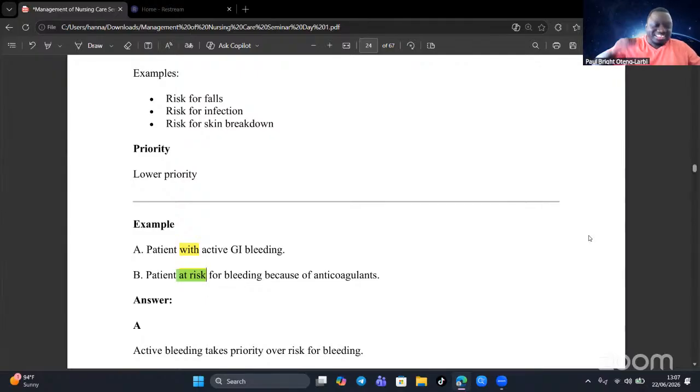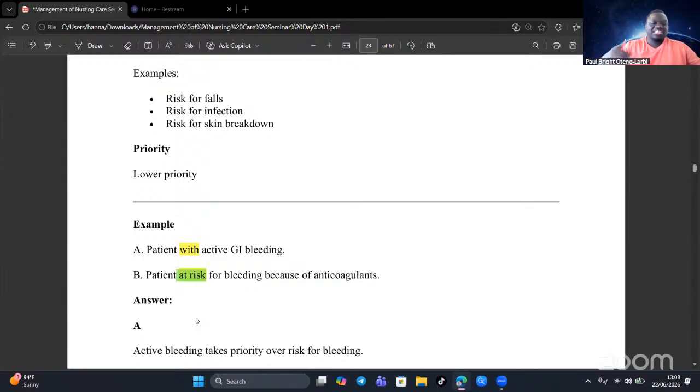So you can prioritize that over an acute or an actual problem. It is English. They will use it to confuse you. Don't worry. This is it. They can't lie. If you like, go to your Q banks, go to your question, whatever. Go and read. Potential problems, always they add this English: at risk for.